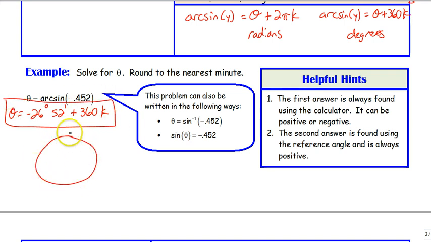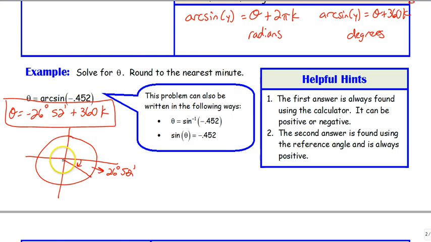It's very important to show this work and draw your circle. Negative 26 degrees, 52 minutes is about right there. It's just an estimate. So this reference, that means that this is a reference of 26 degrees, 52 minutes. That's the reference angle. I made it positive because we're going to use it on the other side. So the other place where sine is negative is quadrant 3, down here.